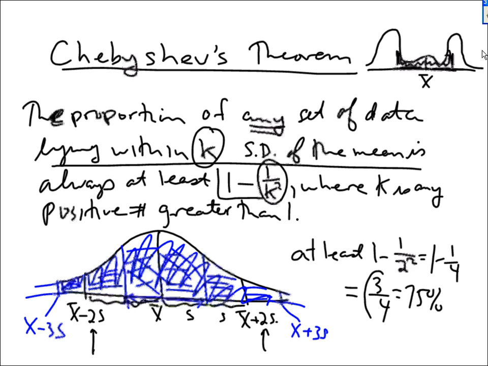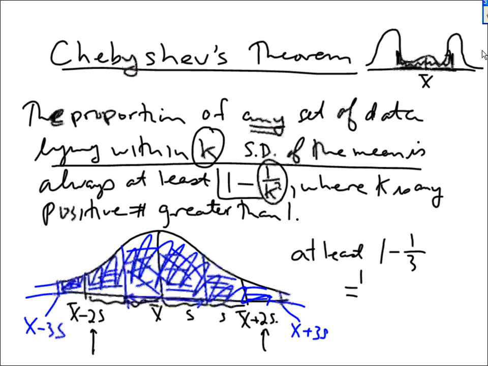Well, it's 1 minus 1 over K squared. K is now 3. K is the number of standard deviations away from the mean. 3 squared is 9. 1 minus a ninth is 8 ninths, which is approximately 89%.